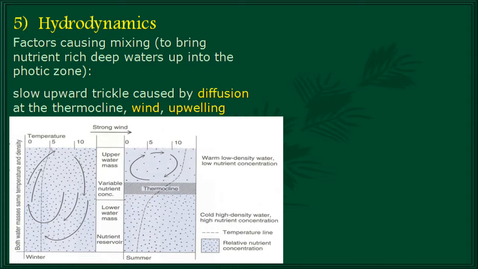So this is mediated mainly by your wind blowing on the surface of the ocean. The graph here represents two different seasons: your winter profile of the water column and your summer profile of the water column. During winter, there's typically strong winds, and the water mass is greatly mixed.